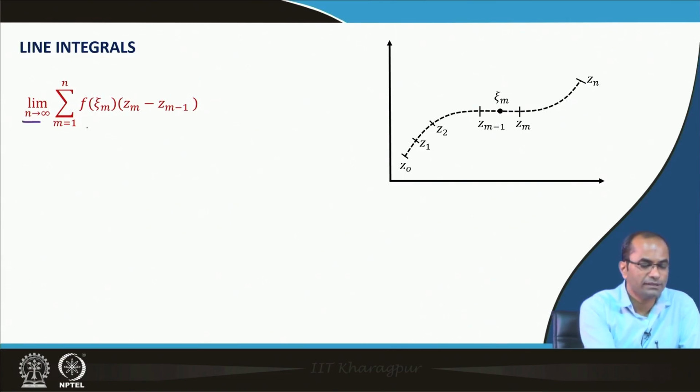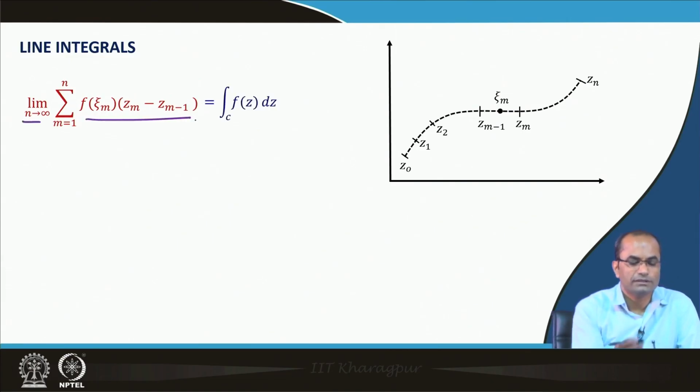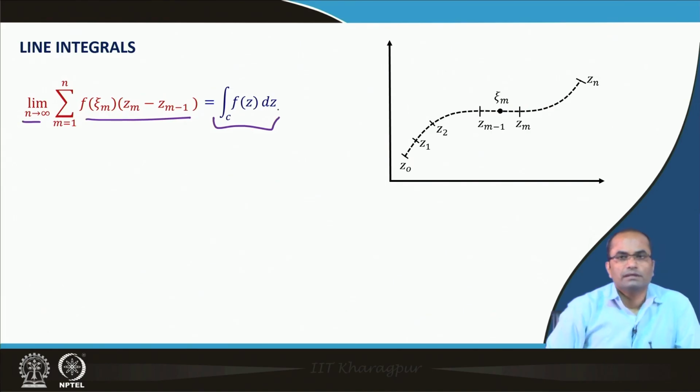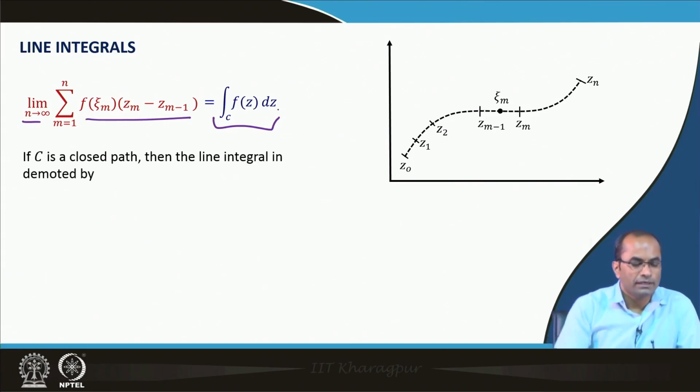So, when we take the limit of this summation, this is what we call the integral of f over C with respect to z. So, this is the physical interpretation.